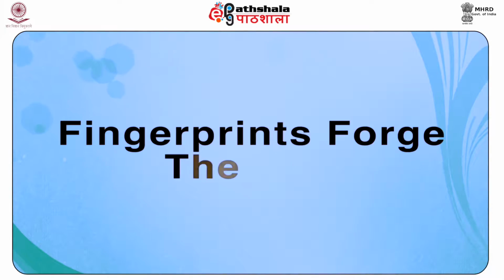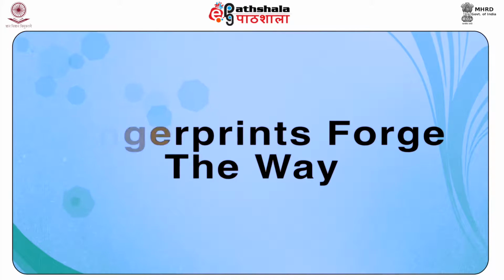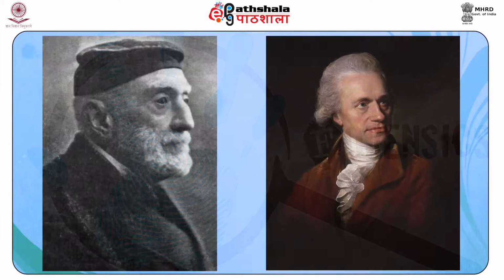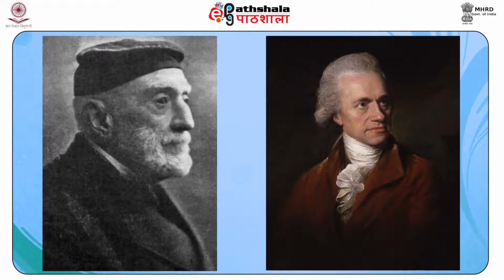Now let us learn about fingerprinting. There have been a number of important advances in the escalation of forensic science as a discipline. The most significant expansion, however, has been from the independent work of Englishmen Henry Faulds and William Herschel, and from an American scientist, Thomas Taylor.